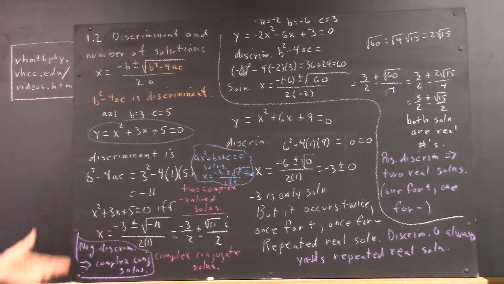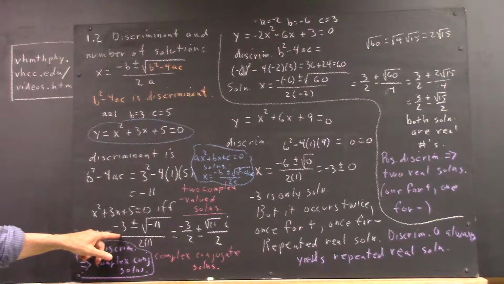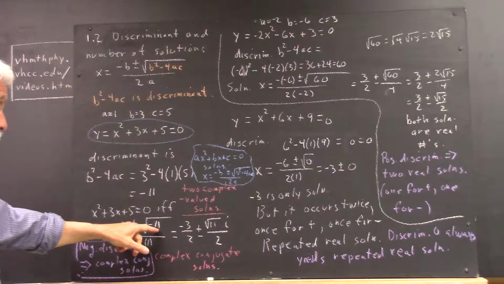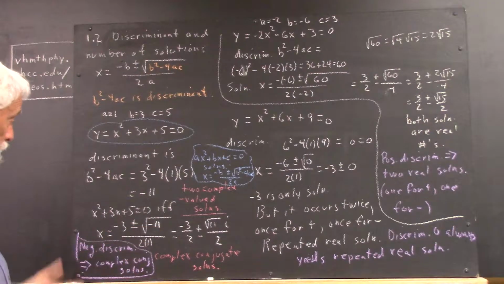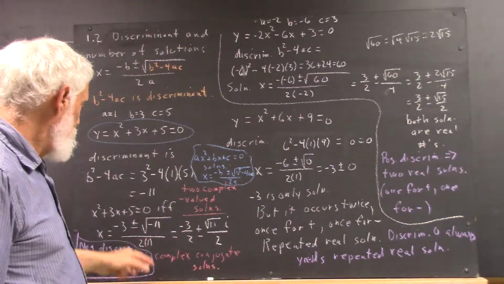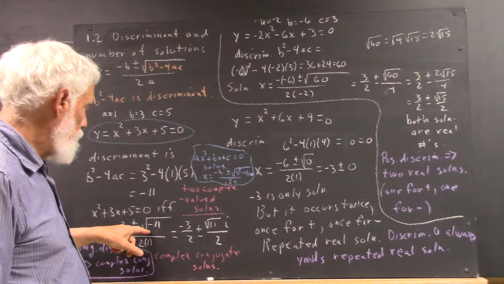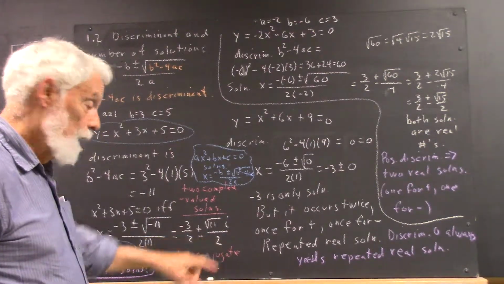So we proceed to plug in b here, and then plus or minus the discriminant divided by 2 times a. And we simplify that. We get negative 3 halves, and we get the square root of negative 11, which is square root of 11 i, also divided by 2.